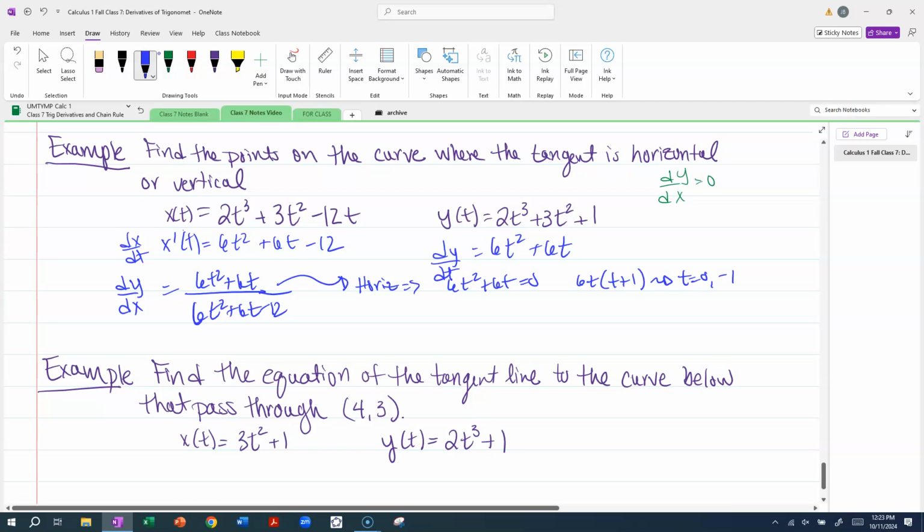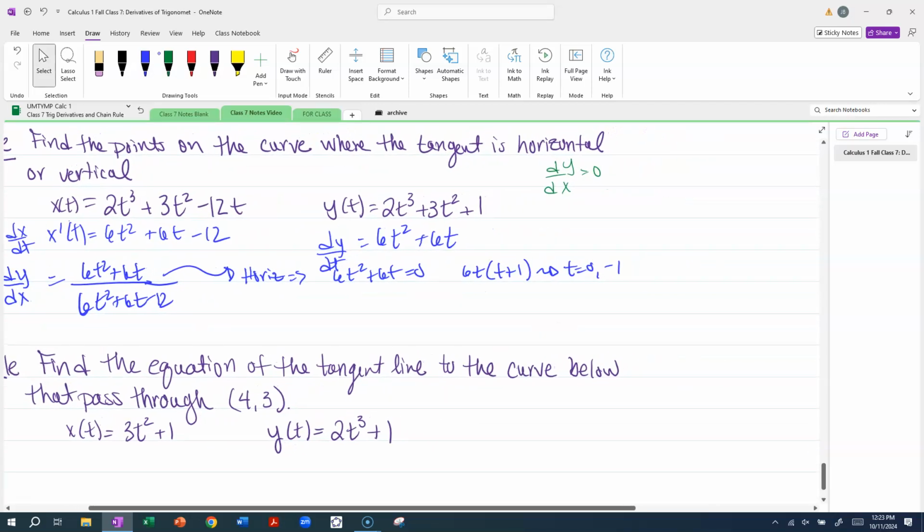If I follow that through, putting in 0 for t, I end up with the coordinate 0, 1. And if I put in the value of t as minus 1, I end up with 13 and 2. So I get those places where it's horizontal.